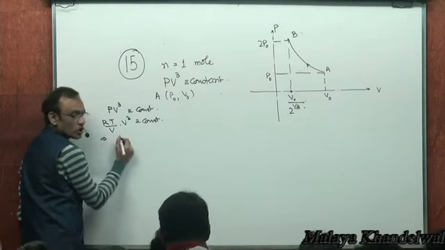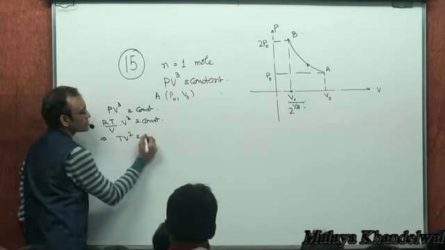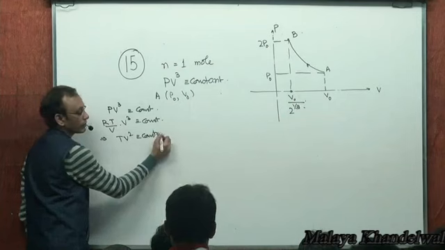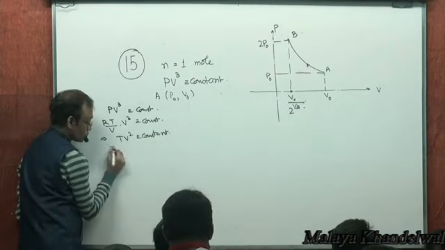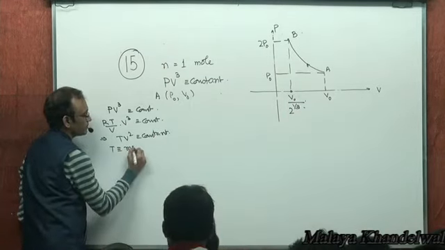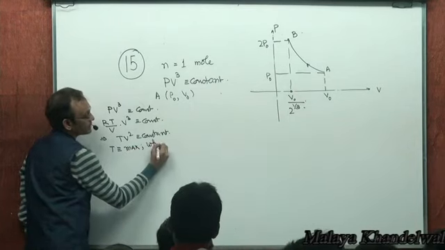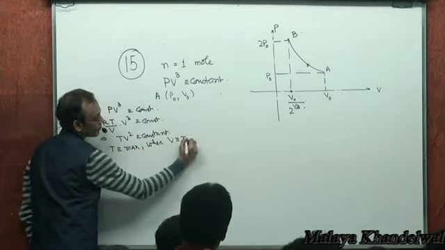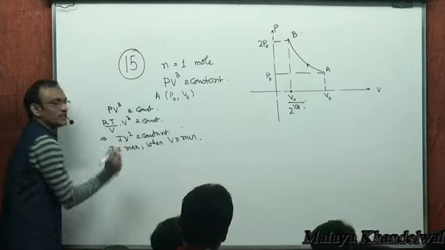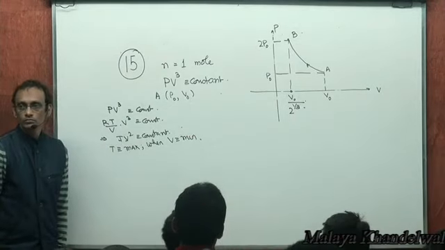R is constant, so TV squared is constant. Yes or no? Yes. So T will be maximum when V is minimum.